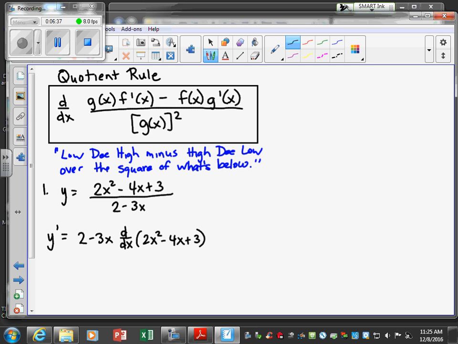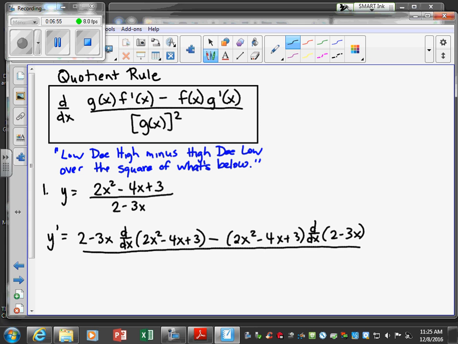So that's low d high right there, minus high d low, so the derivative of the low term, all of that over the square of what's below.